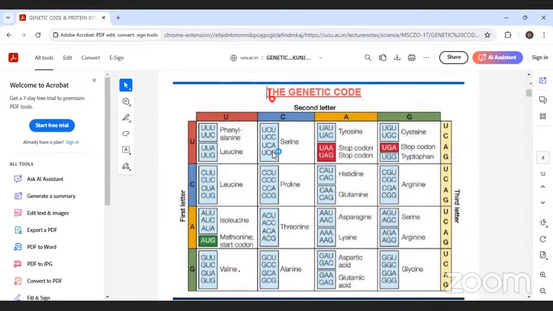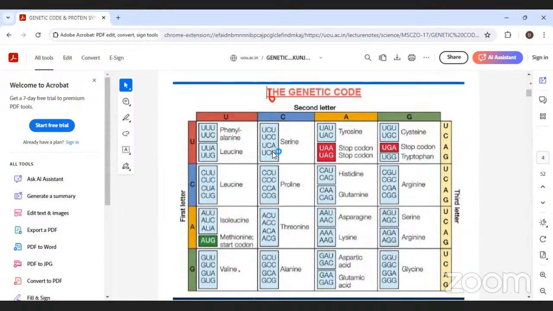Coming to the degenerate: the code has been described as degenerate because the same amino acid is coded by more than one base triplet. Degeneracy has been established in the genetic code by natural selection as a mechanism for bolstering stability against the effect of random mutations.